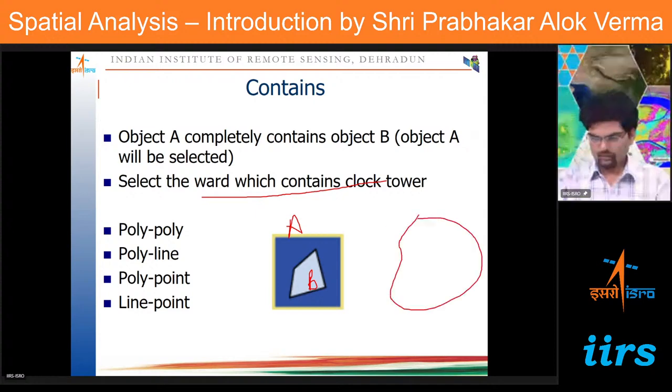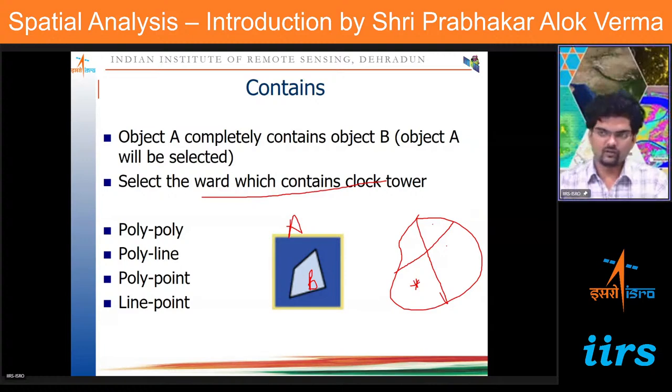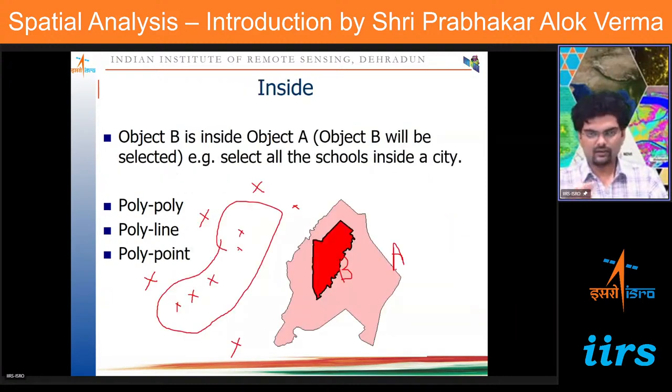Suppose you have a ward map of a city with different wards, and one of the wards contains the clock tower of the city, and you want to select that particular ward. So your query will be select the ward which contains the clock tower. So in this case, the ward boundary will get selected. So the outside feature is getting selected in case of contains, whereas in case of inside, the inside features were getting selected.